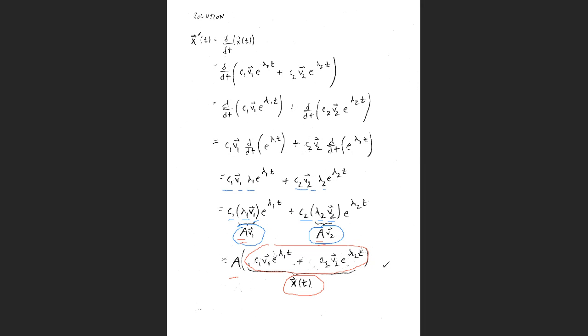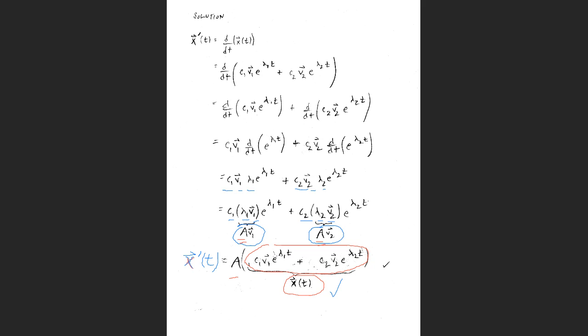So it turns out that x prime of t equals A times x of t.